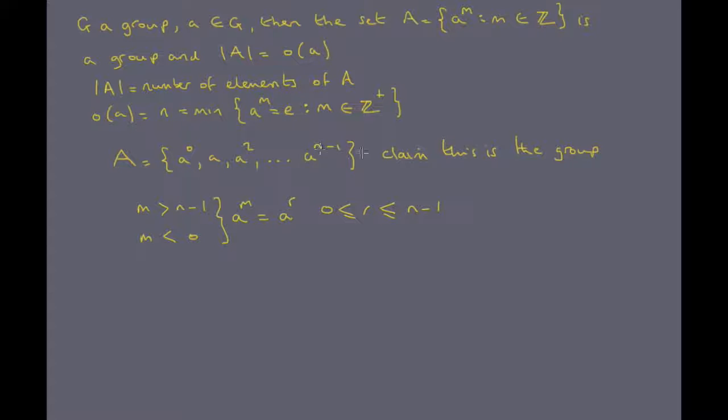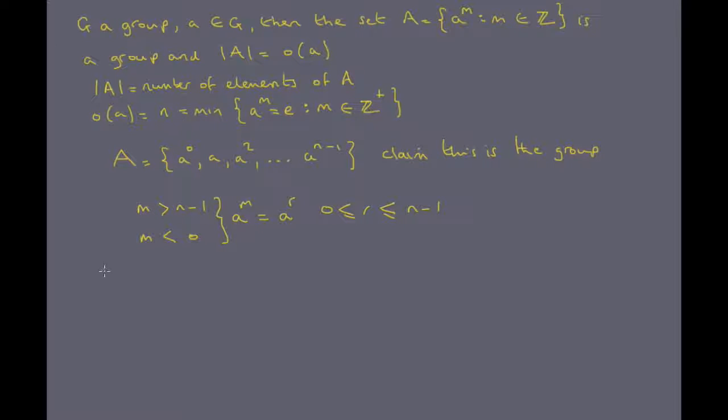So we're saying that any integer power of a for an integer m outside this range 0 to n minus 1 must be equal to an integer power of a with exponent between 0 and n minus 1. And if that is the case, then we can be sure that this is the whole group, and we will know the order of the group.